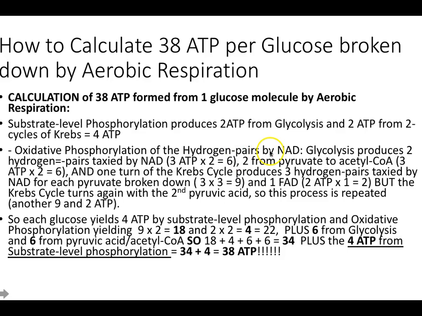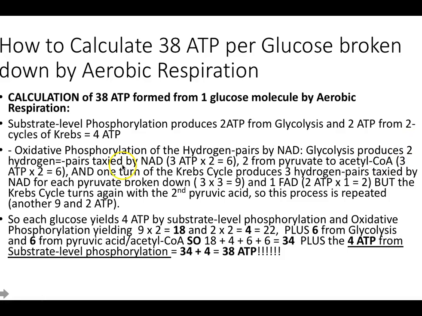Oxidative phosphorylation by NAD, so glycolysis produces 2 hydrogen pairs. That's the 2 right there. Each one of them will produce 3 ATP, so that gives you a total of 6. Well, you get 2 from pyruvate to acetyl-CoA because 1 pyruvic acid gives you 2.